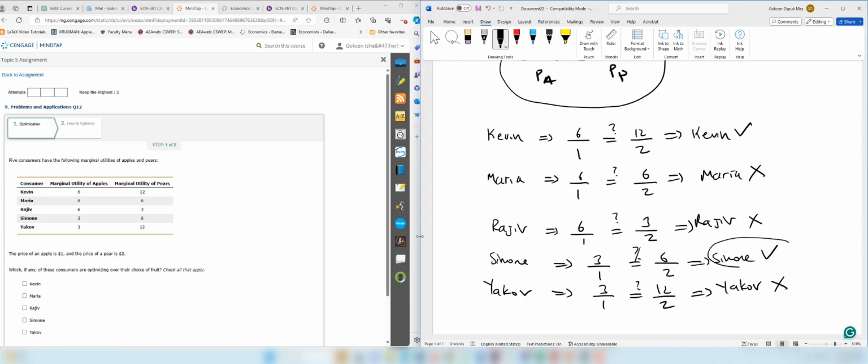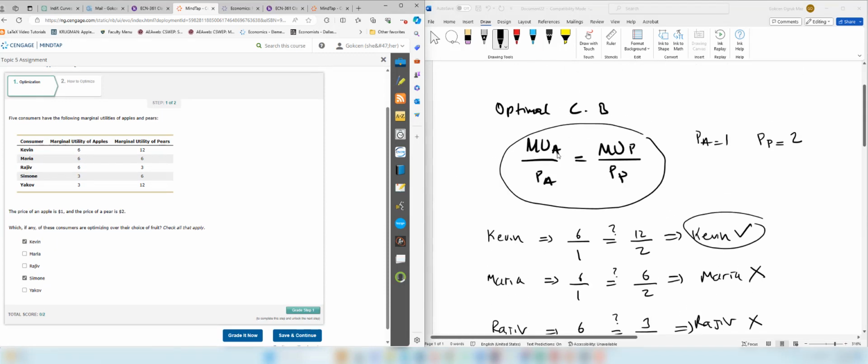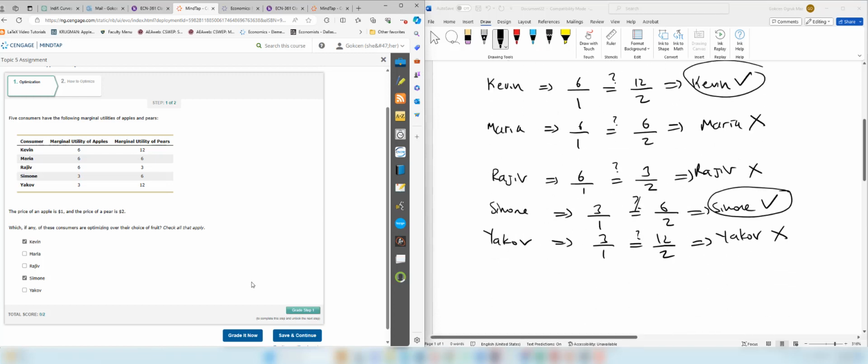So the ones who are maximizing utility are Kevin and Simone. Others are not, because marginal utility of apples divided by price of apples is not equal to marginal utility of pears divided by price of pears. So this is step 1.